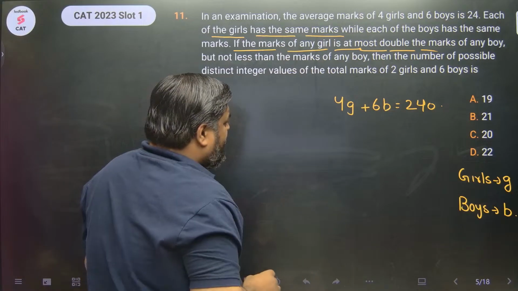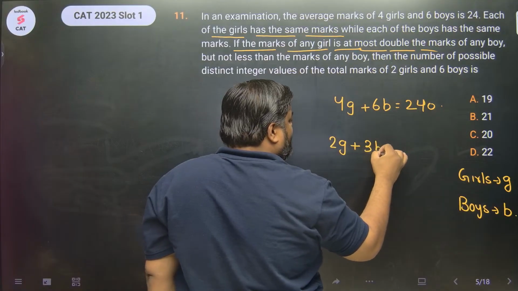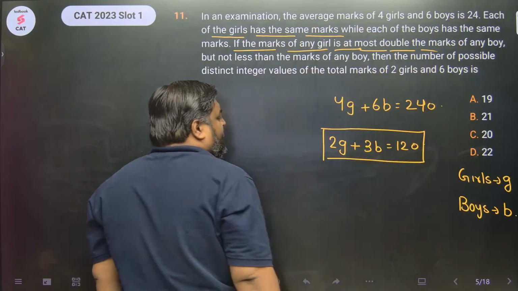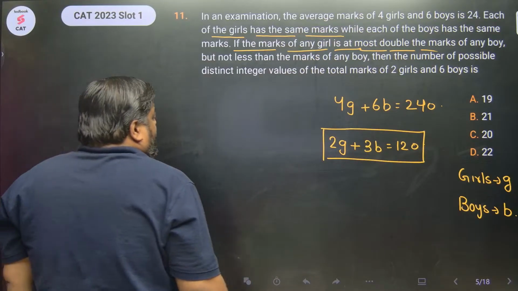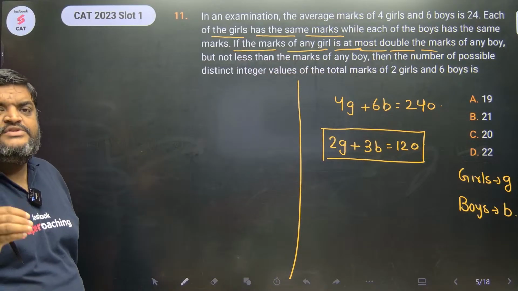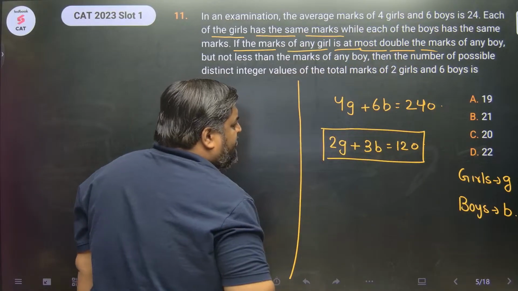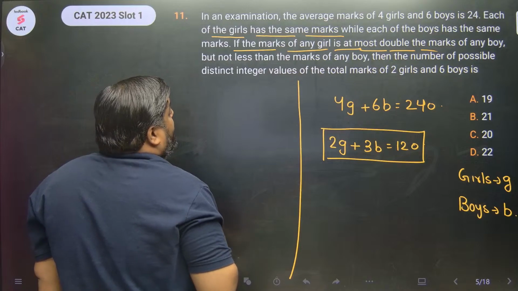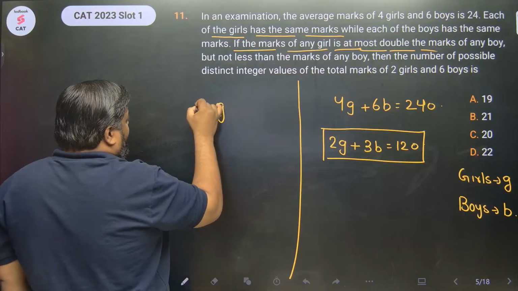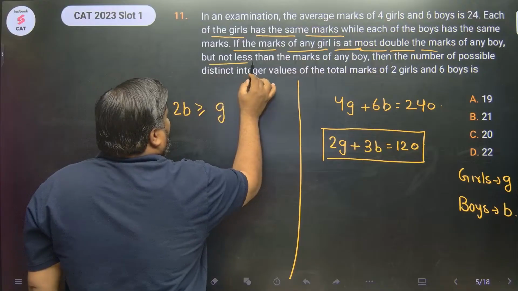Achha, isko hum log thoda simplify kar sakte hain, right? This is 2G plus 3B equals 120. Now a criterion is given that the marks of any girl is at most double the marks of any boy, meaning it is not more than double. So marks of girl is always less than equal to 2 times marks of a boy, and is not less than the marks of any boy.